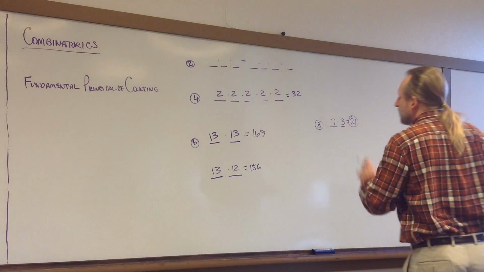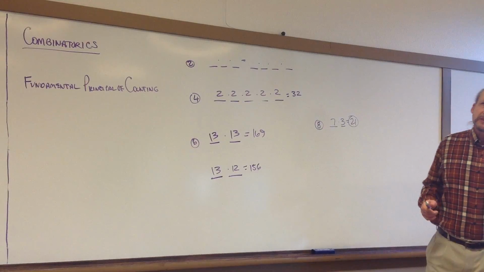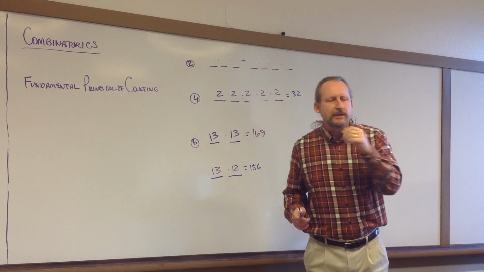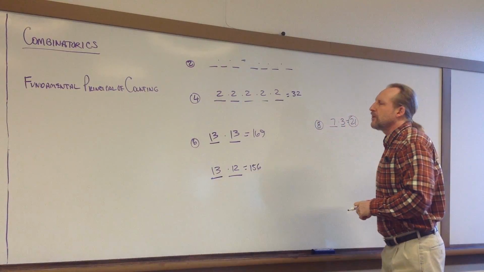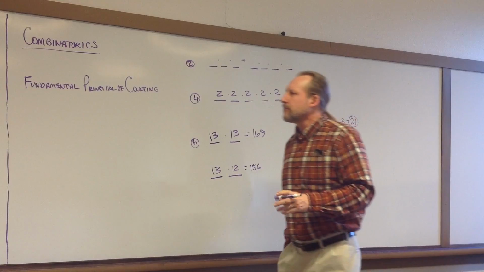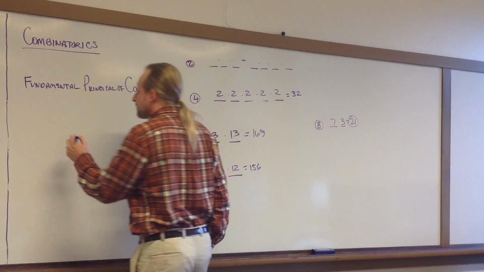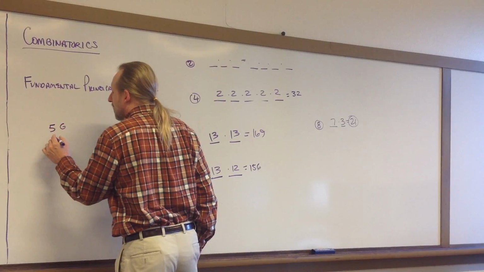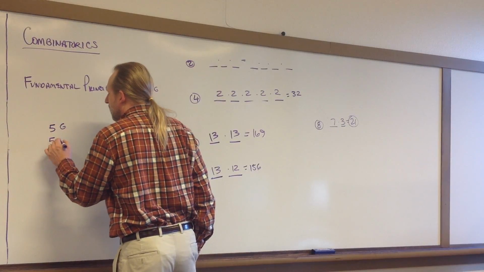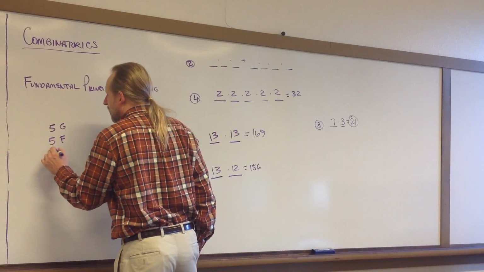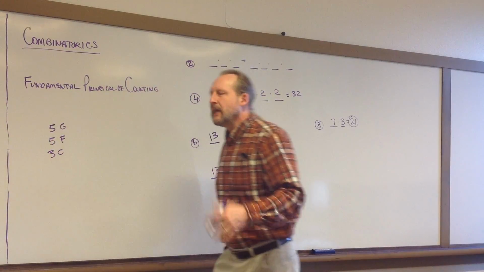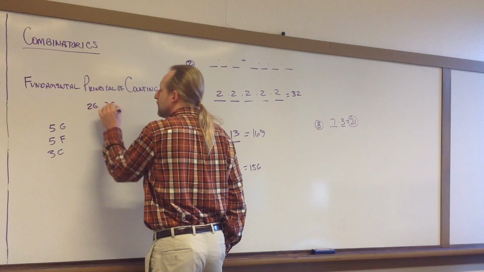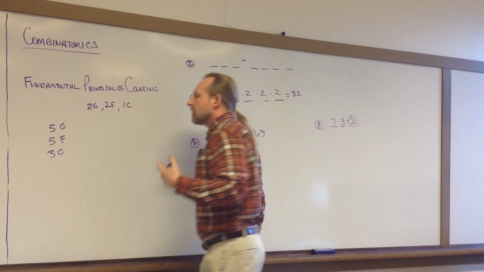Something that I didn't put into this problem set, and we get into this later in the chapter, is like on a basketball team. Let's say you have 5 guards on the roster and 5 forwards on the roster and 3 centers, how many ways can you choose 2 guards, 2 forwards, and 1 center?